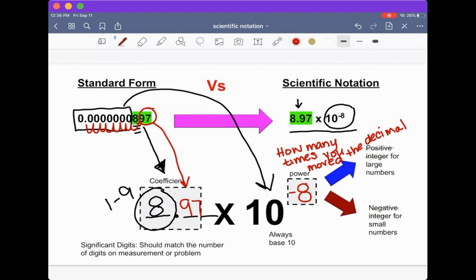If my decimal was on the opposite side of this and it was a large number, it would be a positive 8. But because we're dealing with a small number, it gets the negative. Basically, if you move the decimal this way, it will be a negative. If I move the decimal to go this way, it would be a positive. Okay, so let's practice.